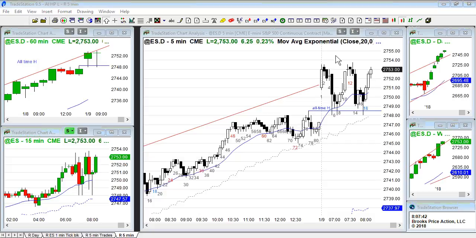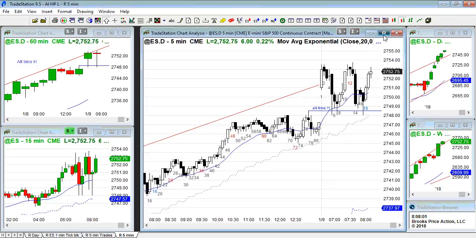If we break above 13, breaking above the 18-bar range, we'll probably get a pullback before long. And therefore, a lot of traders, instead of buying on a stop above bar 13, the top of the 18-bar range, will wait to see if there's a strong breakout and buy the breakout, or they'll look to buy a pullback.